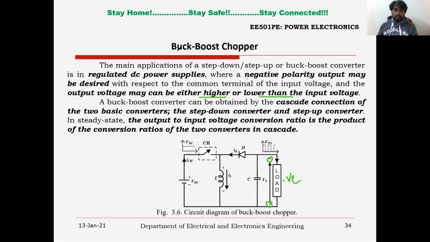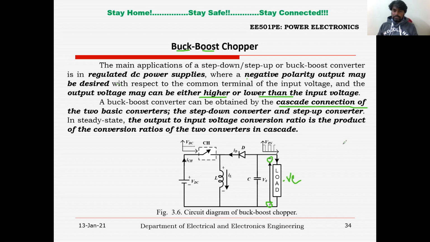That is why it is called buck boost. There is a buck and a boost in the chopper circuit. This buck boost chopper is a combination of two converters, one is the buck converter and the other is the boost converter. They are connected in a cascaded fashion, and the output voltage is the product of these two converters.